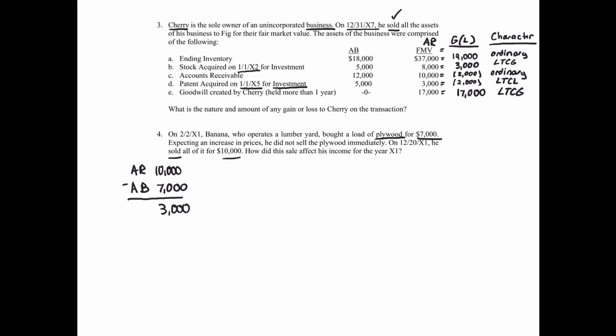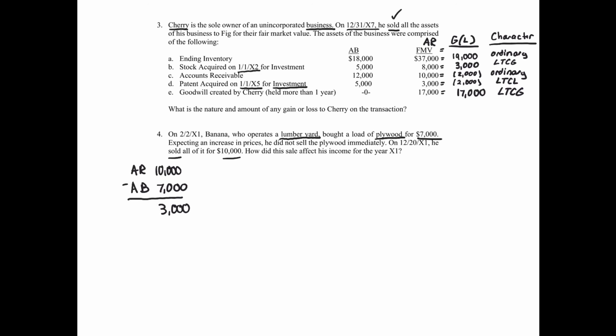The main focus of this question is that you have to look at how the taxpayer holds the property. Because Banana operates a lumber yard, even though Banana is speculating on prices of lumber, in the hands of Banana it's still considered inventory.